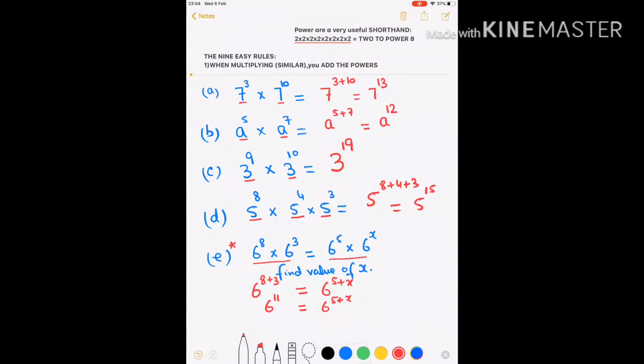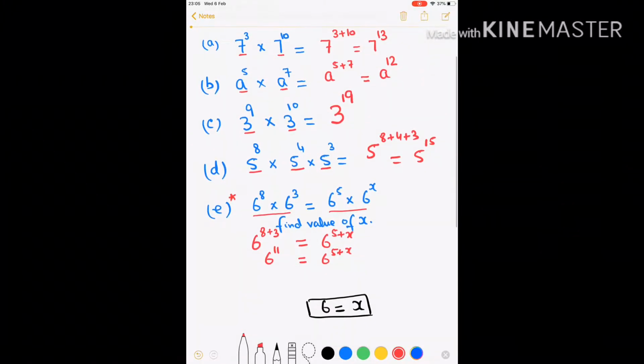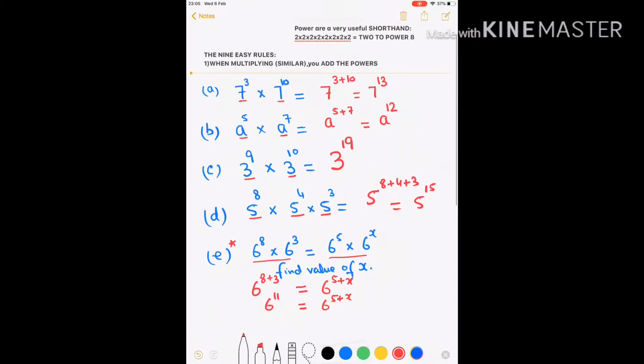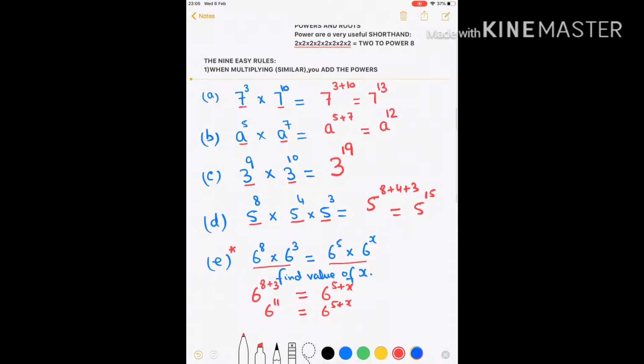This is the important question. See, the bases are the same. What is the base? 6. Then 11 is equal to 5 plus x. This is an important technique you have to remember. So the 6 bases are the same, so 11 is equal to 5 plus x, and then you can get the answer.